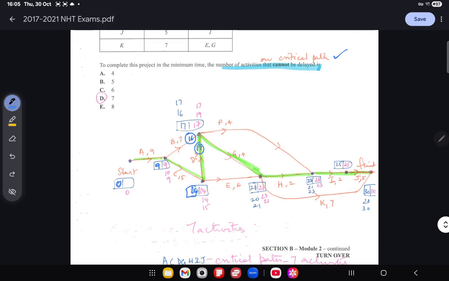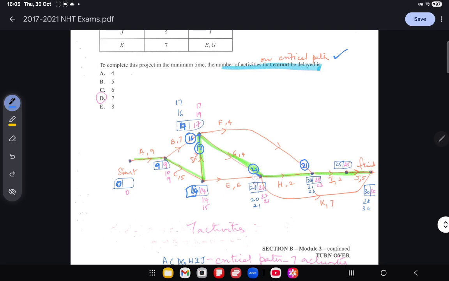Now, in a forward scan, we always choose the greater value. So in the box here, we put the earliest starting time as 17. Now, the choice was between these two edges that are coming to that particular vertex. Now, we continue along F. 17 plus 4 is 21. And if we continue along G, 17 plus 4 is 21.